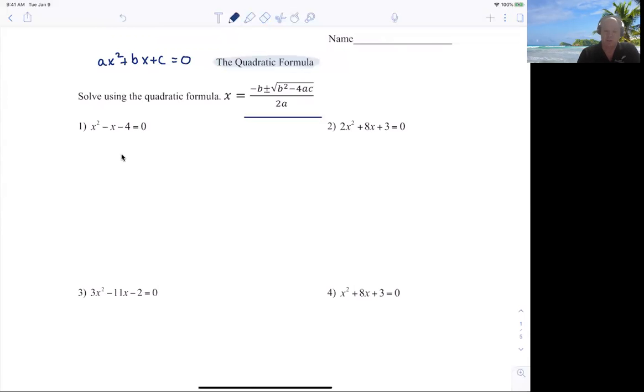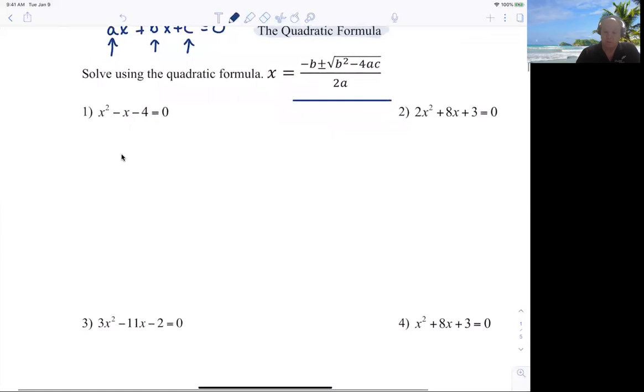Notice a is the number in front of the x squared term, b is in front of the x, and c is considered a constant. So the first thing we're going to do on number 1 is write down that a equals 1, b equals -1, and c equals -4.